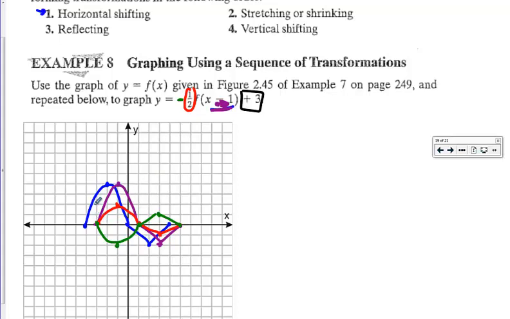So I have 1, 2, 3. 1, 2, 3. 1, 2, 3. 1, 2, 3. And 1, 2, 3. So this black is my last function that I end with. That's my final after I do all 4 of those shifts.